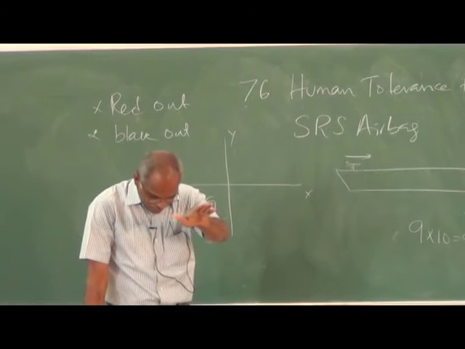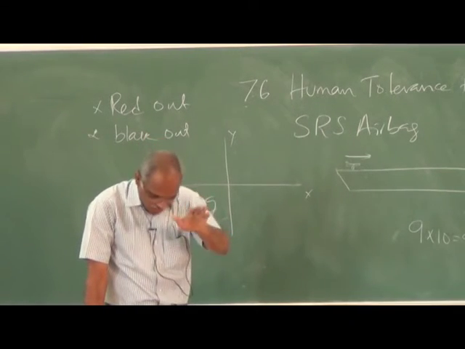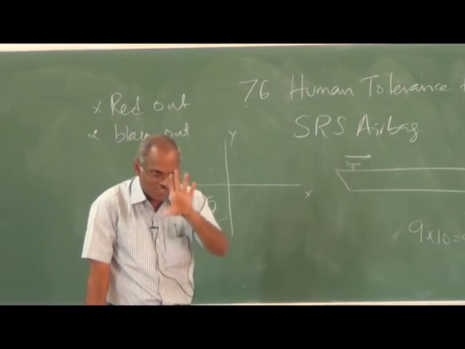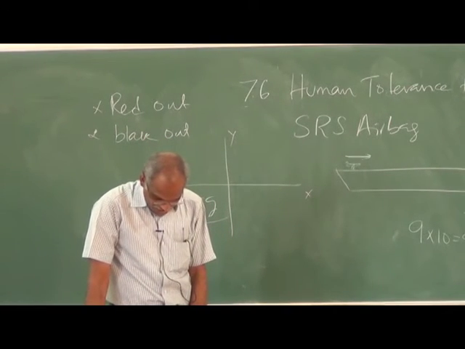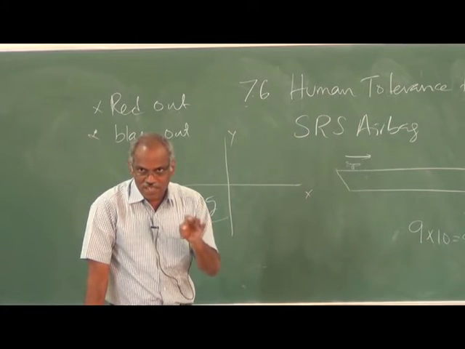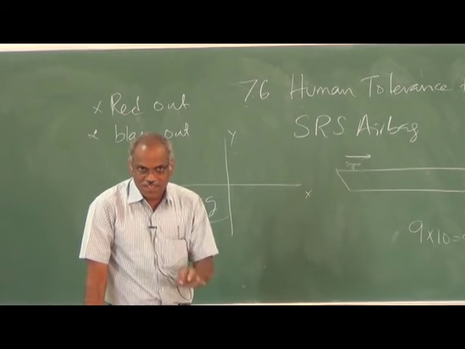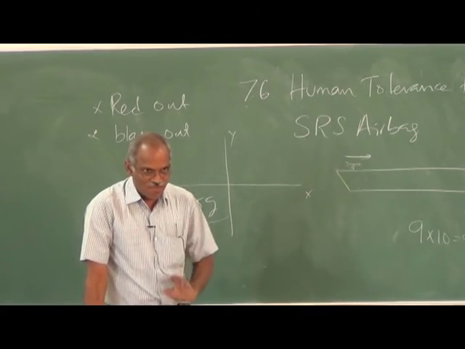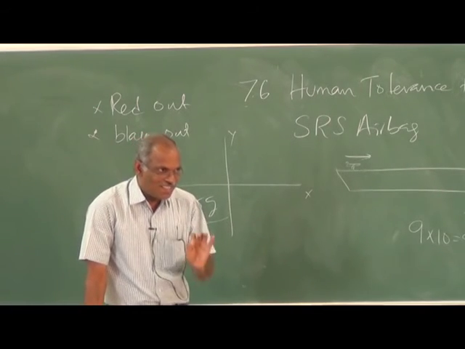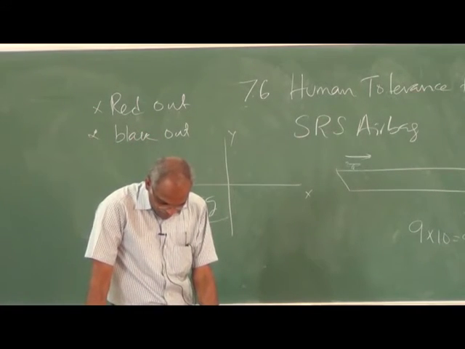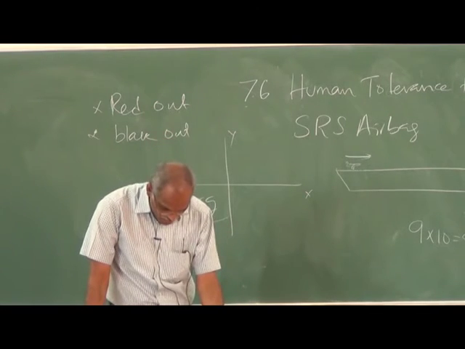A normal gentle acceleration in an automobile is 0.1 G. Commercial aircraft takeoff is 0.3 G. For that itself many people will complain, 0.3 G. Hard acceleration of an automobile is 0.5.